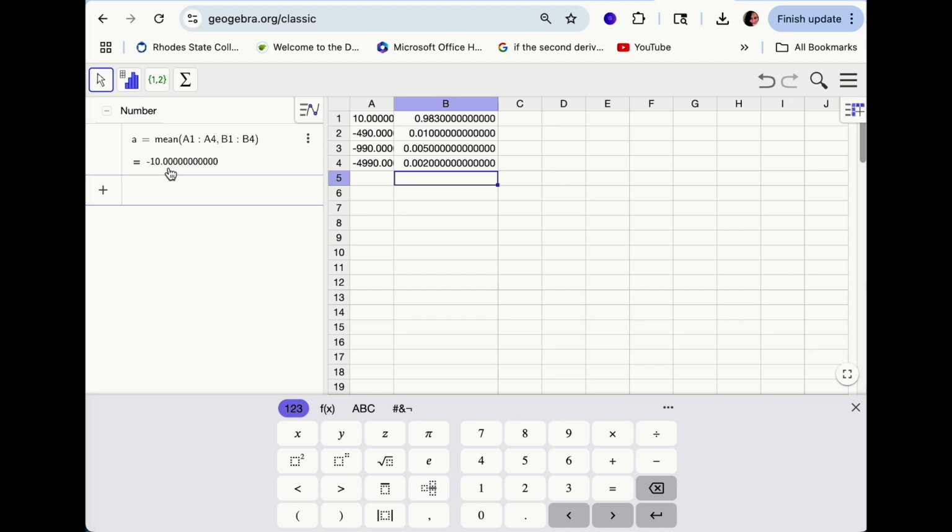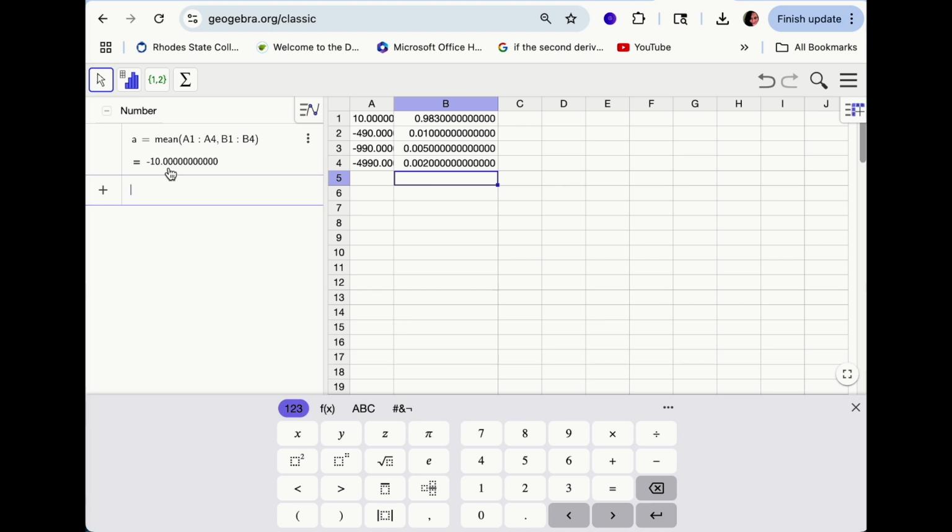Now, to find the standard deviation, we're going to do the same process, but we're going to use the standard deviation command. Now remember, there's two standard deviation commands. You could do the sample standard deviation or you can do the population standard deviation. Because we're working with a probability distribution here, that is everything.